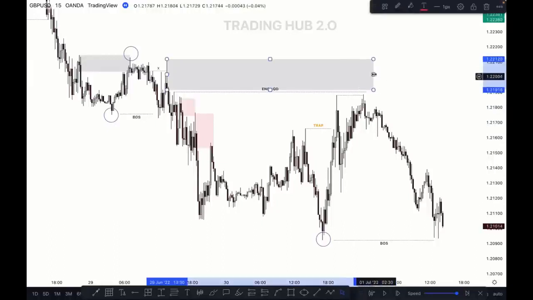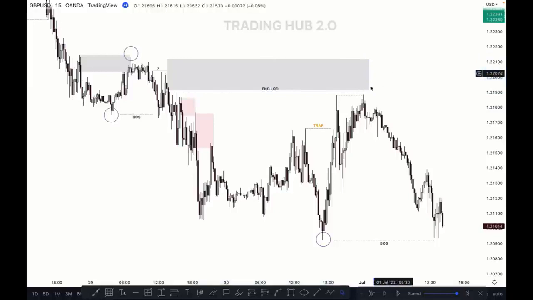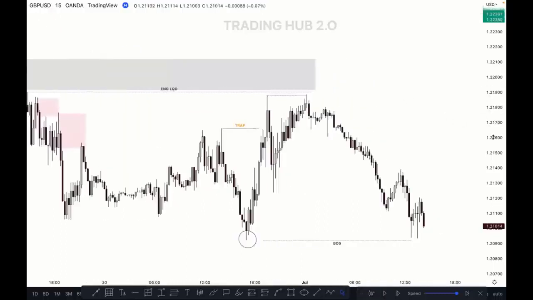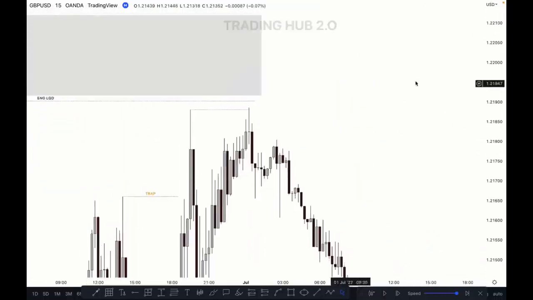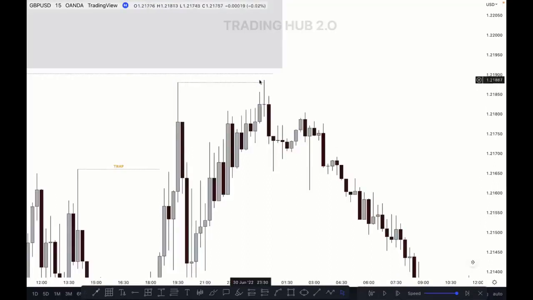If price does not mitigate, then you can wait for the liquidity sweep. As you can see here, the market sweeps the liquidity. I will show you. You can see here, the market exactly sweeps this high, correct? And after sweeping this high, it closes below it.